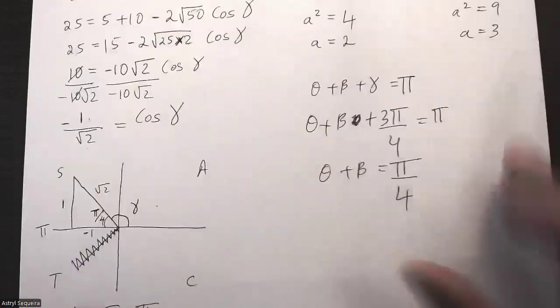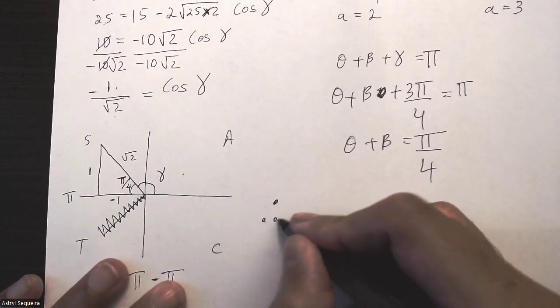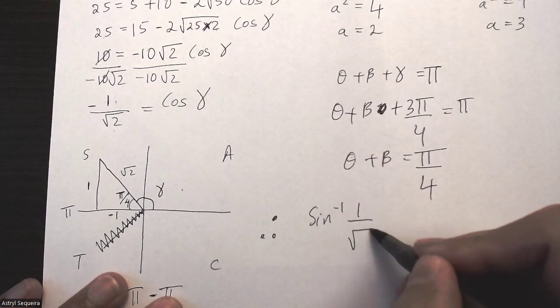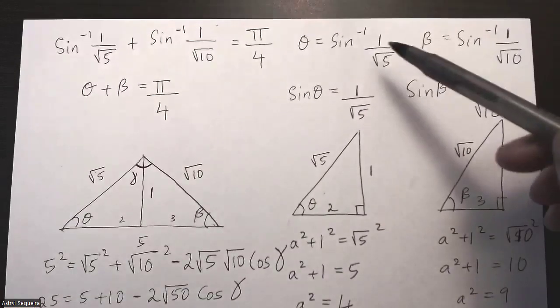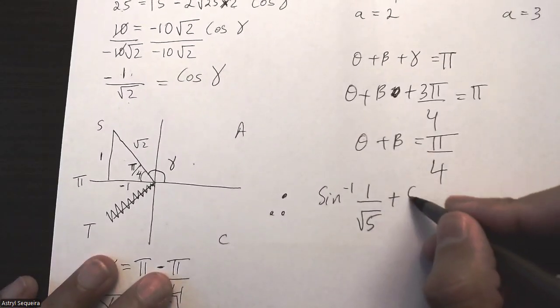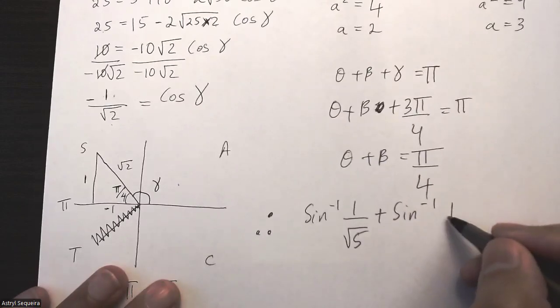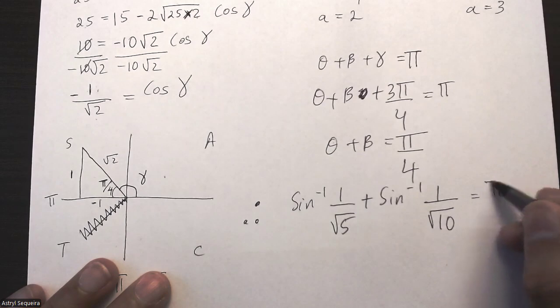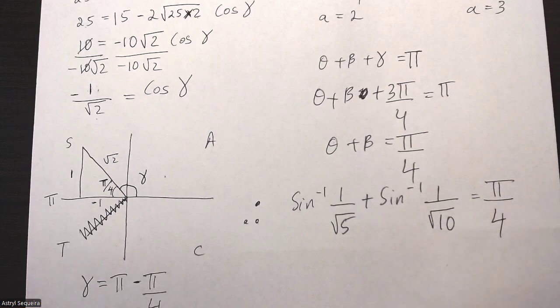We know that theta is sine inverse of 1 over root 5. We defined that at the start of the question. And we know beta is sine inverse of 1 over root 10. And we know this equals pi over 4. So we've proved the inverse trig identity, or basically the equation given in the question.